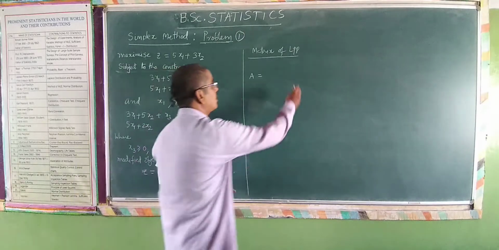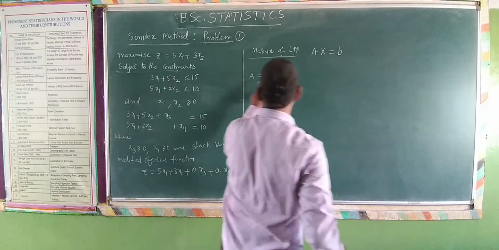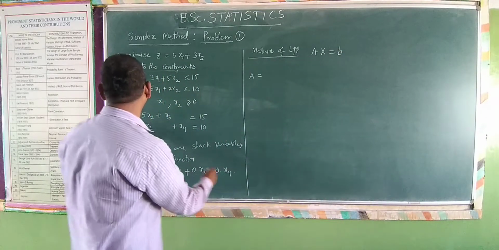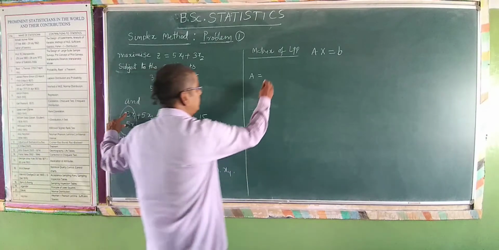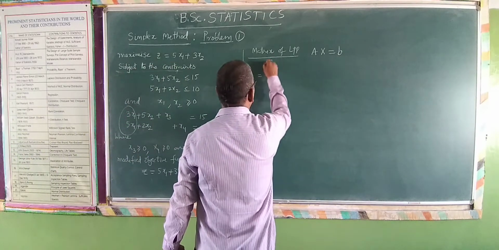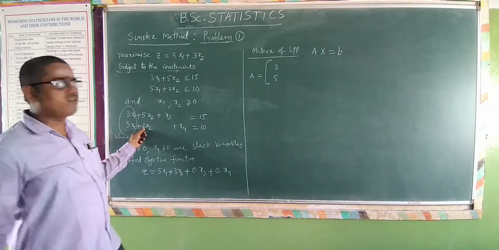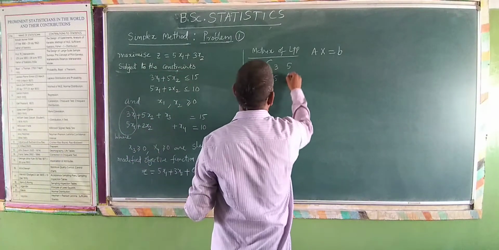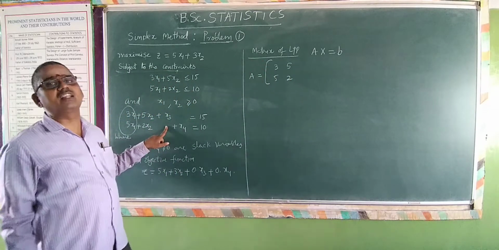For example, I write here the matrix form is Ax is equal to B, in which A is as follows. You see here the first column, 3 and 5, the coefficients of x1. The second, x2 coefficients are 5 and 2, and x3 coefficients are 1 and 0. That is why I have left this one blank.